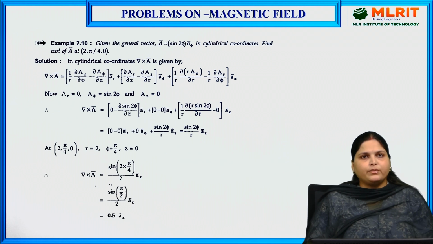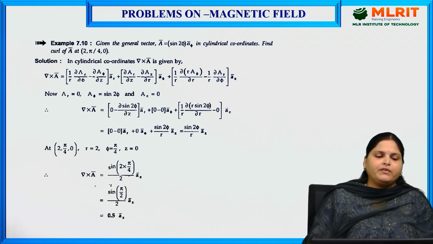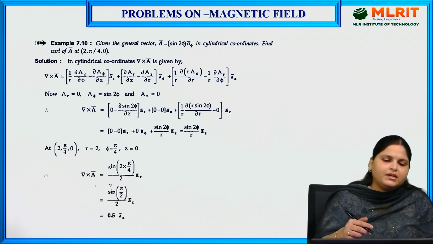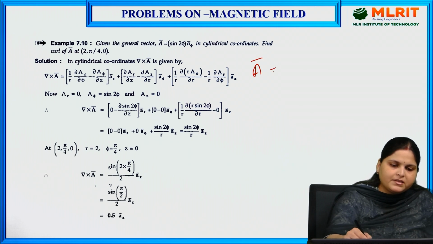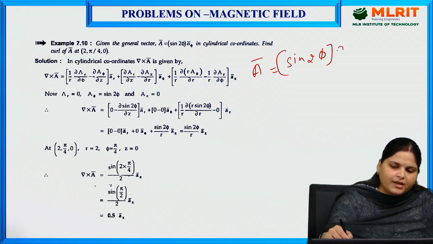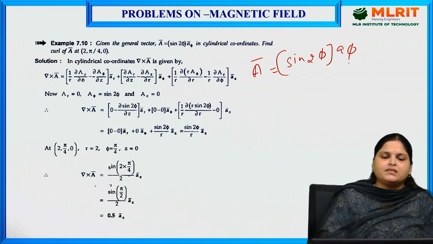Let's take another question. One vector is given in this question, A, and A equals sine 2 phi a phi, in the cylindrical coordinate system.